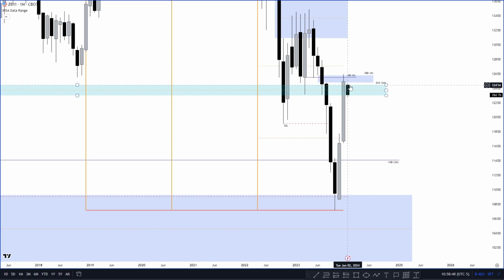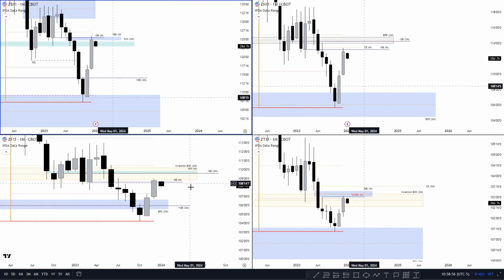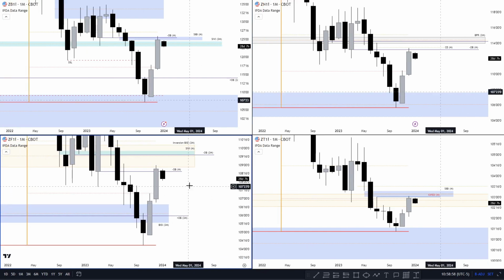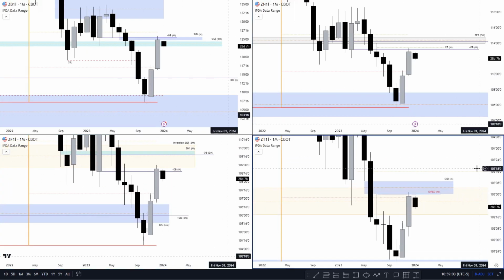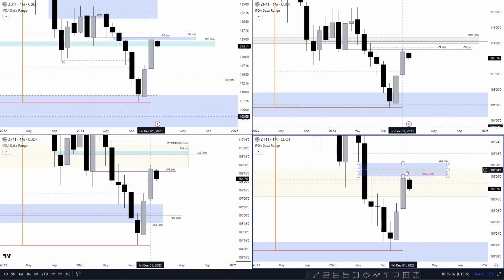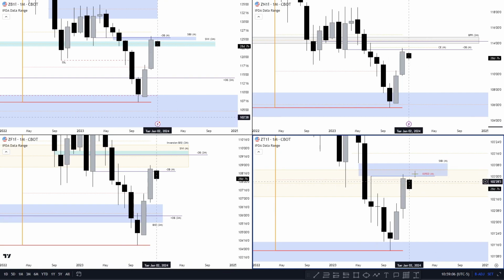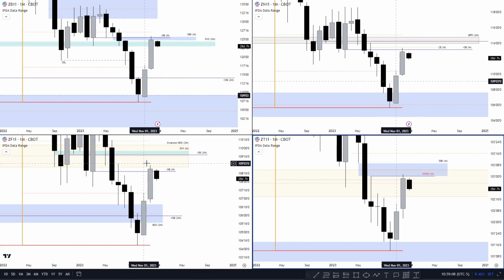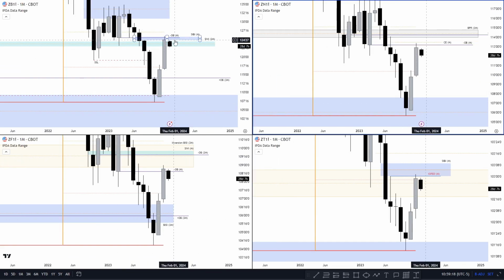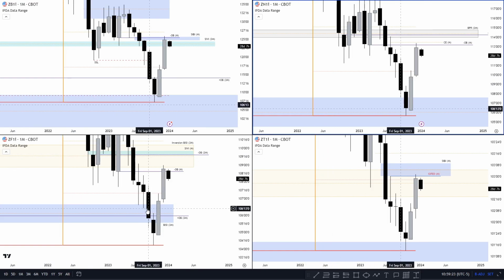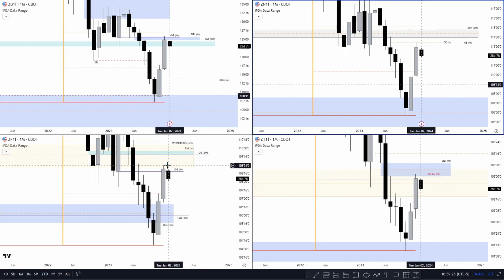And while I will not force a divergence, I see a clear scenario of a failure swing for the 30-year unfolding, while the 5 and 2-year have room to spike a little bit higher into these premium arrays. We just had an IOFED on the monthly. We can move higher and create another divergence here, having a lower high and then maybe a higher high. I'm not trading bonds, so I don't go super in depth with them, but these are just scenarios that could possibly unfold.